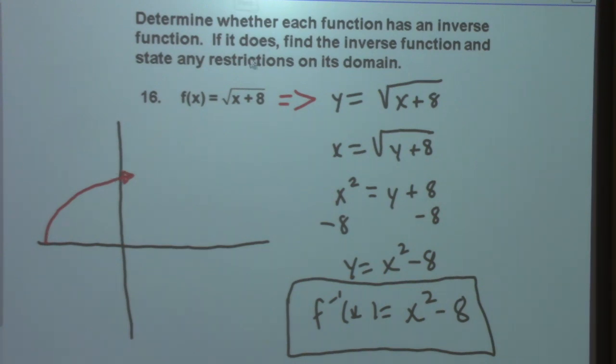And now we have this function right here, and it's going to look something like this, right?